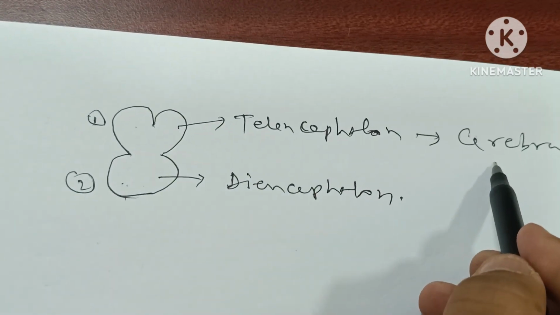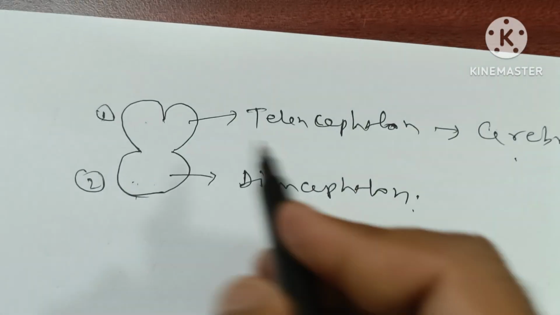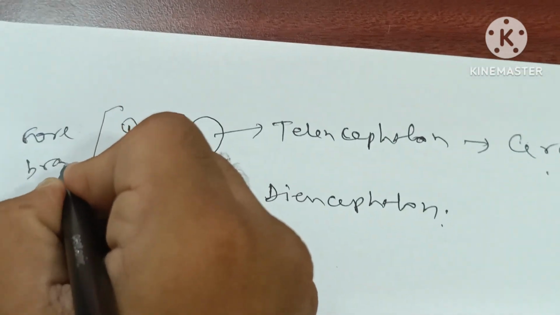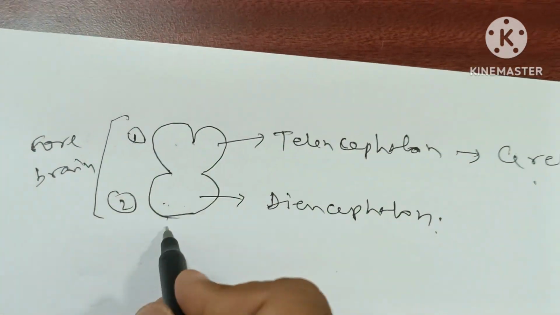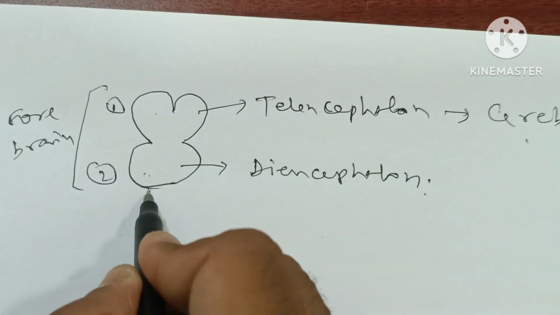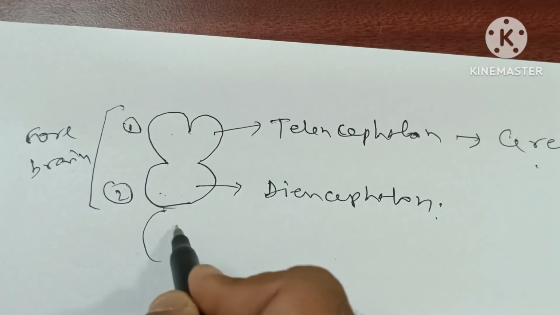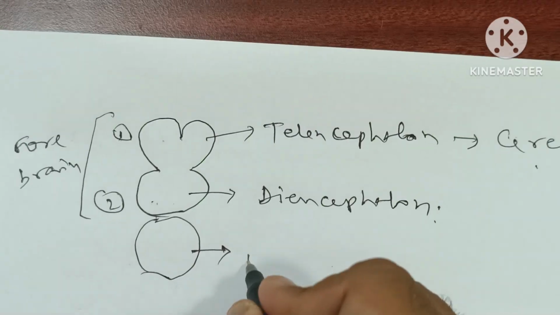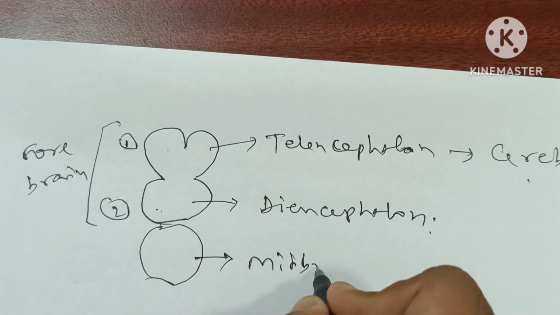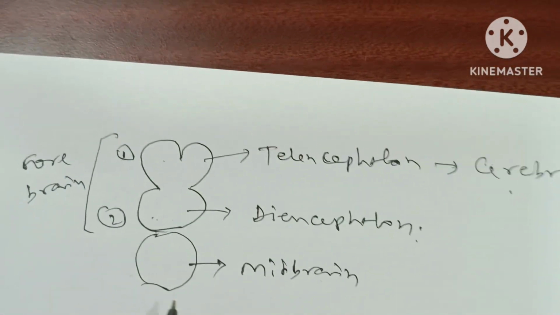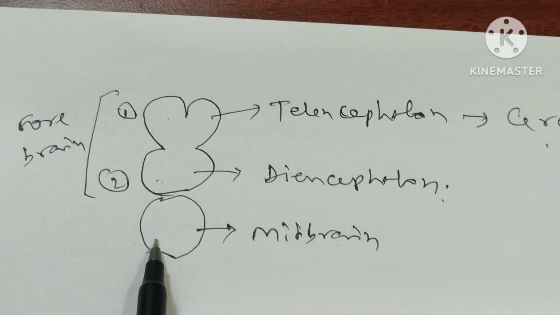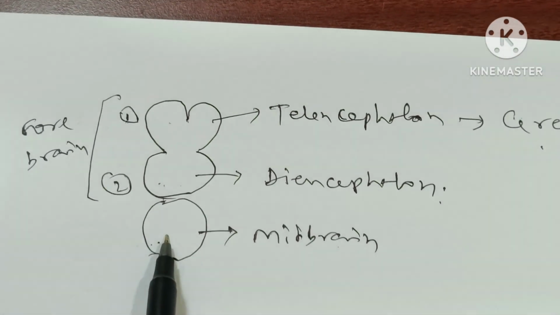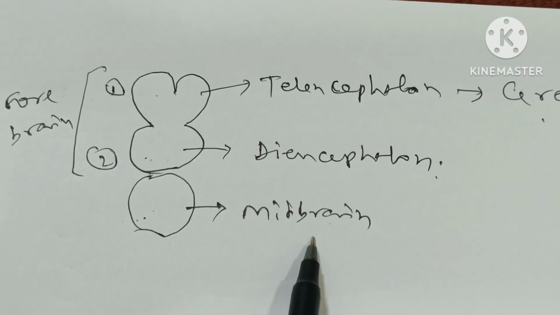This cerebrum and diencephalon together form the forebrain. The next primary brain vesicle, the mesencephalon, remains undivided and develops into the midbrain.